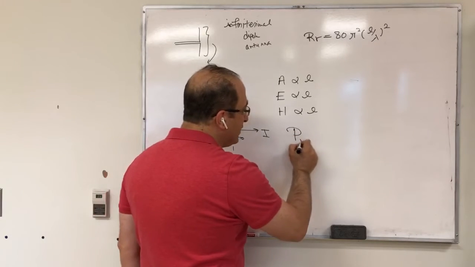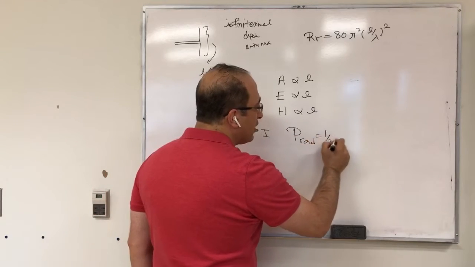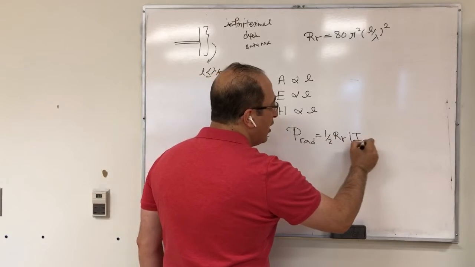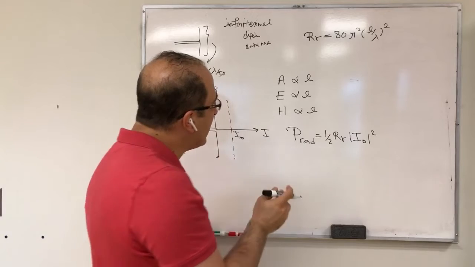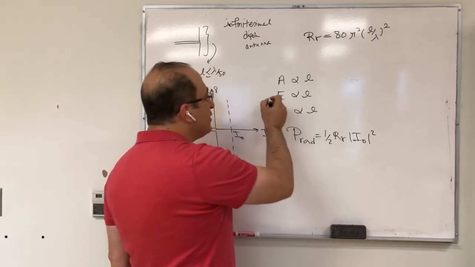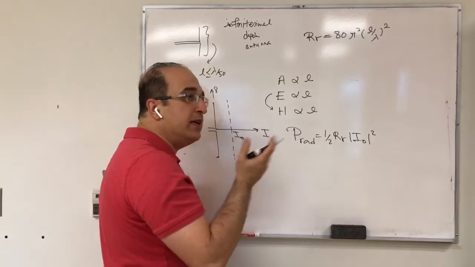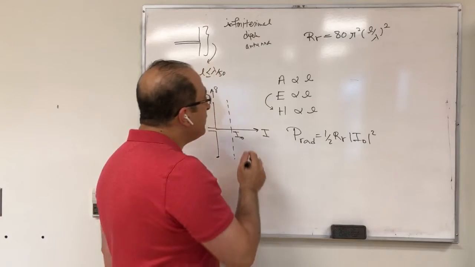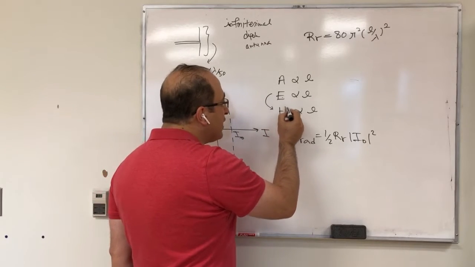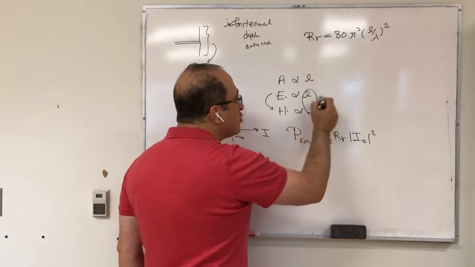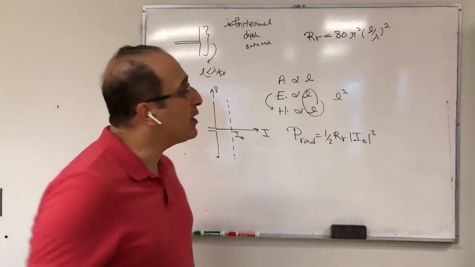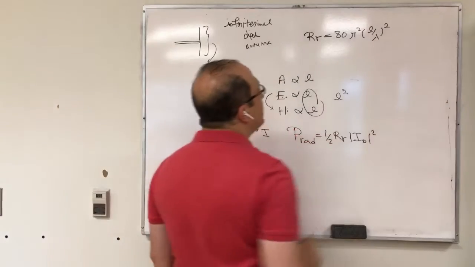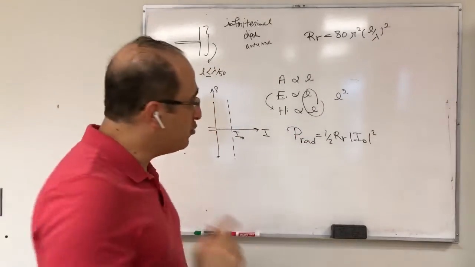The radiated power is half R_r I naught squared. You could guess that because power has to do with E cross H complex conjugate, you have a multiplication of these two, so this becomes L squared. Because in antennas everything is with respect to wavelengths, you get L divided by lambda squared here.